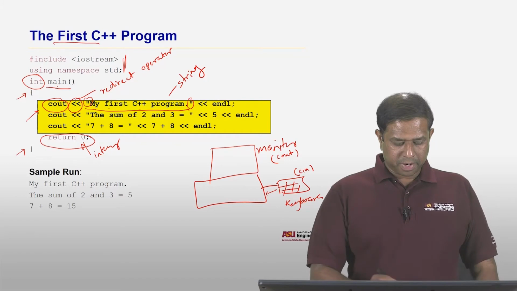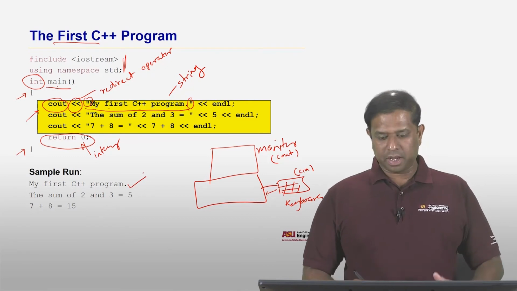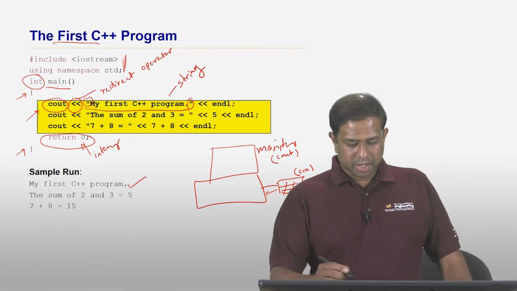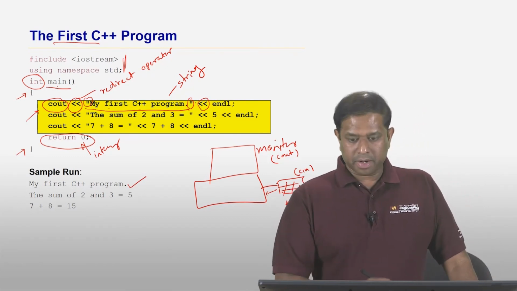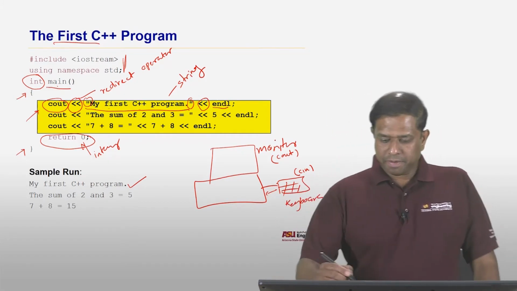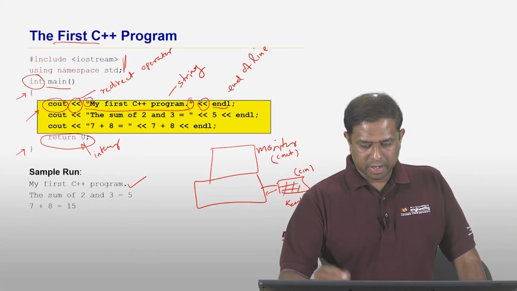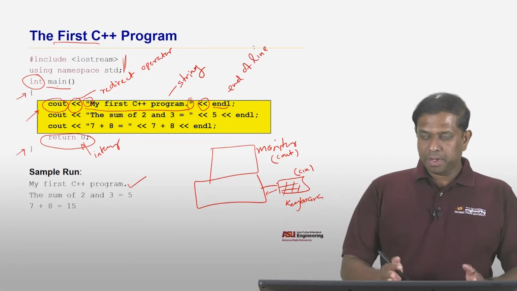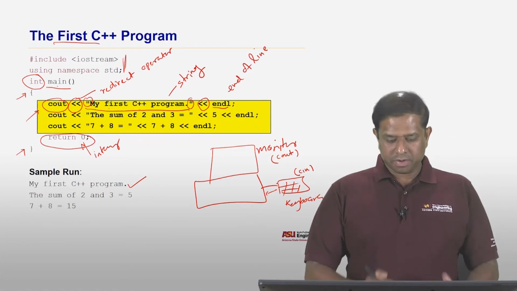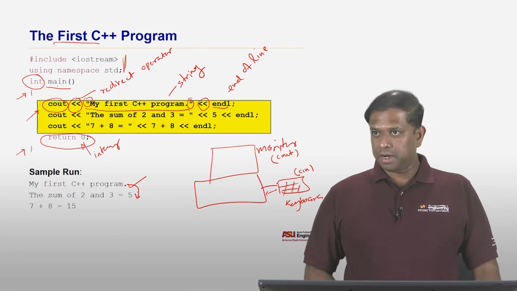If you were to run the program, we will see my first C++ program in the first line. After displaying it, we have another redirect operator and then endl. endl stands for end of line. That means we display what we have and then go to the next line.